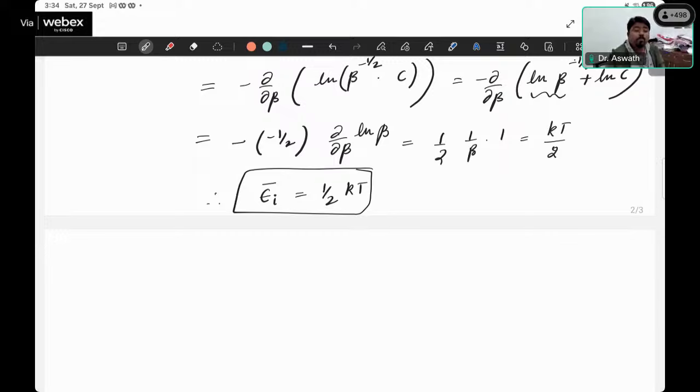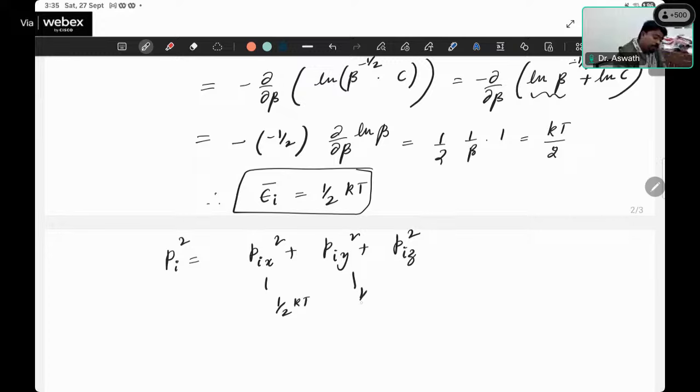Now this is only one term. If there are multiple terms, let's say there is a momentum operator with an x component, a y component and a z component, in three dimensions, then the overall kinetic energy has this one contributing half kT, this one half kT, and this one half kT.